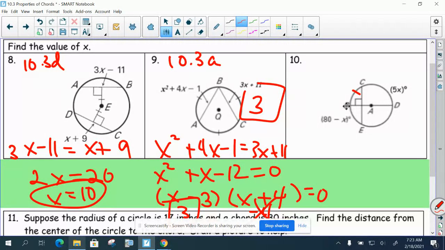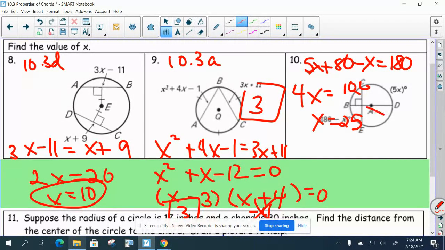Or you could do 80 minus x plus 5x equals 180. So these two are going to add up to 180. So 5x plus 80 minus x equals 180. Simplify. 4x equals 100. x is 25.